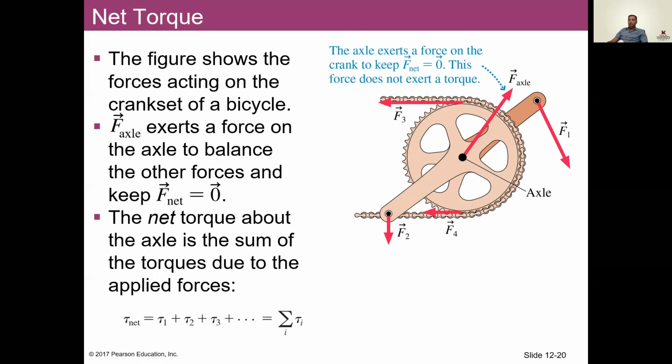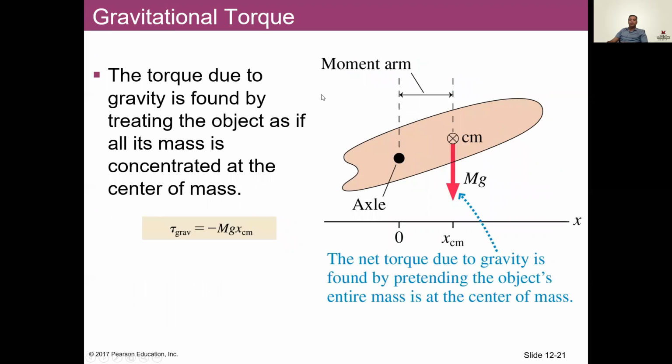Now, like every force, gravitational force is just a different kind of force, right? It's just a force. So if you can have torques for all the forces, there is no reason you cannot have a torque for gravitational forces.